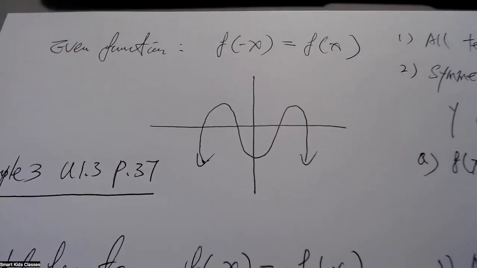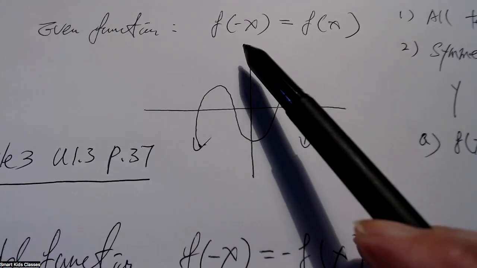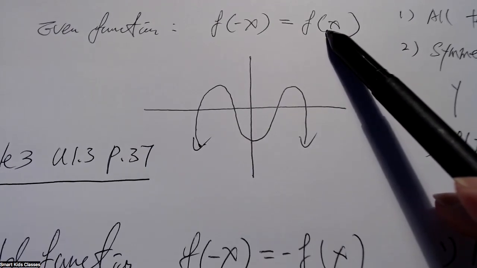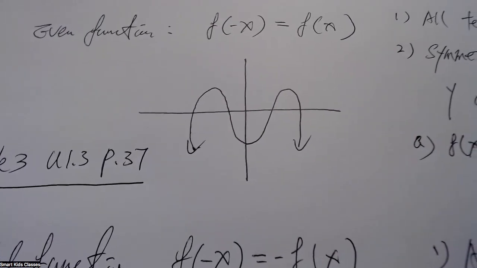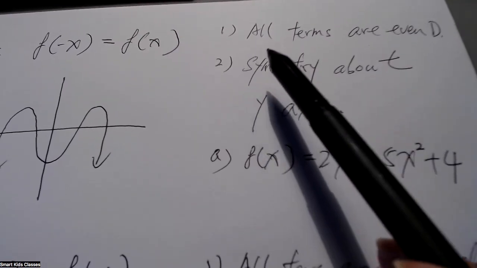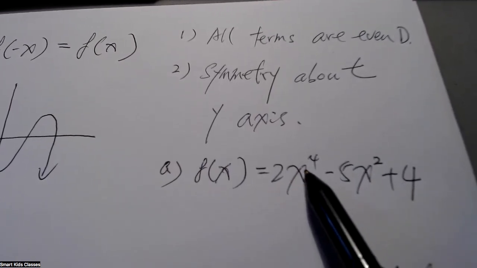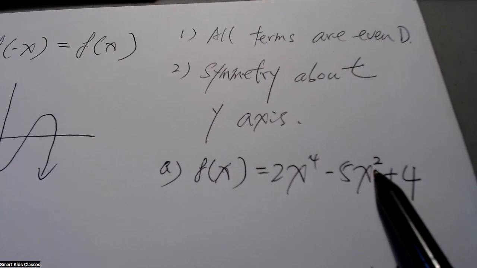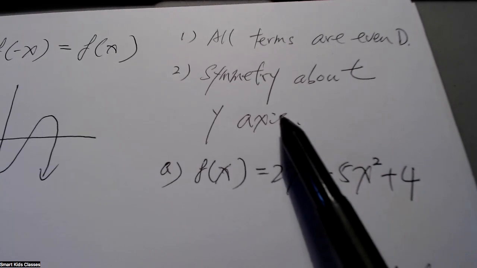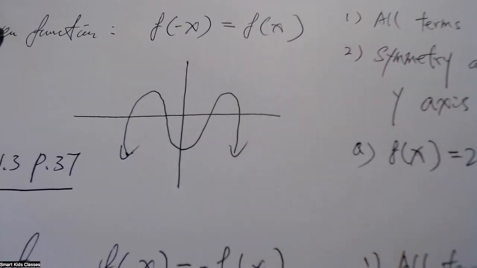Now I'm going to explain what an even function is. It means when you substitute negative x into the function, you get the same function back, and that's called an even function. There are two very easy ways to identify it. First, look at all the terms. If the degrees of all the terms are even, then yes, this is an even function, and it's symmetric about the y-axis.